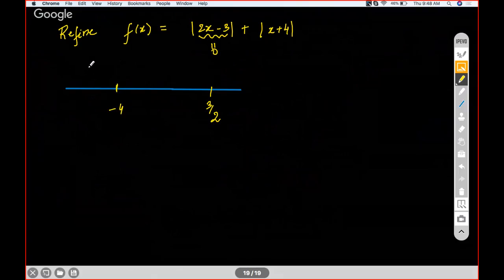So you have 3 regions now. One is below minus 4. Second region is between minus 4 and 3 by 2. And third region is greater than 3 by 2. First I'm going to take into consideration region 1, for values of x less than minus 4.